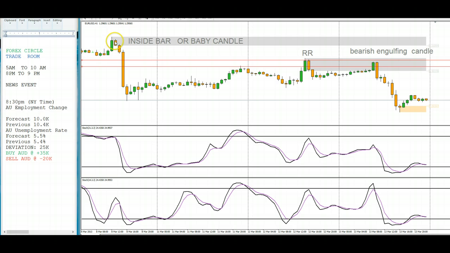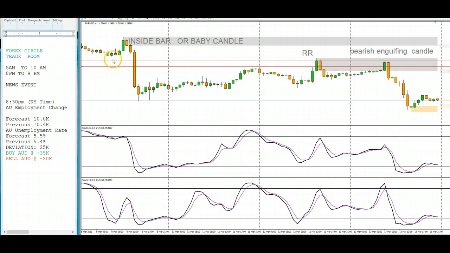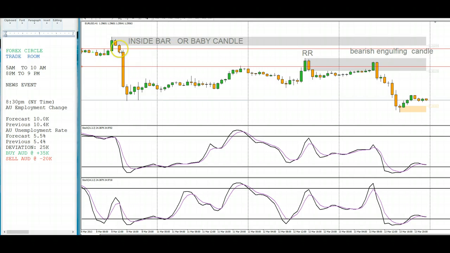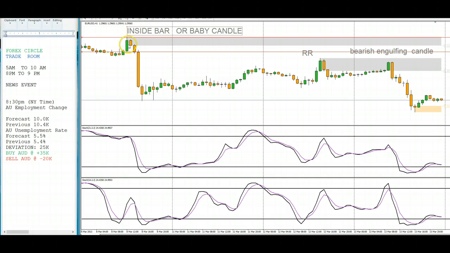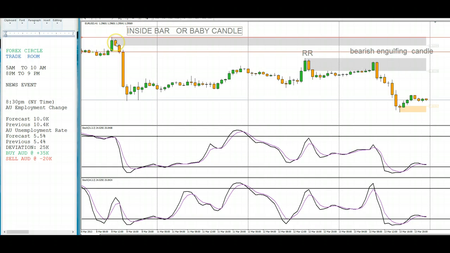So this is called an inside bar. Market goes up. We have a color change candle, which is even better. And then what do we do? If you don't trade the color-coded trade, let's say you missed this trade and it was all the way down here by the time you saw the setup, then you draw a horizontal line top and bottom of that inside bar. This is called the mother candle. This is an inside bar.